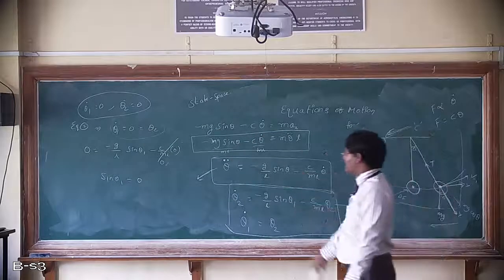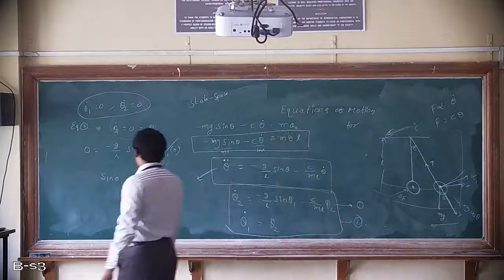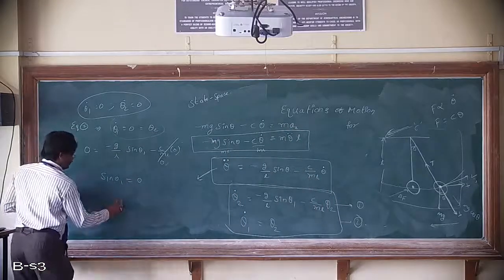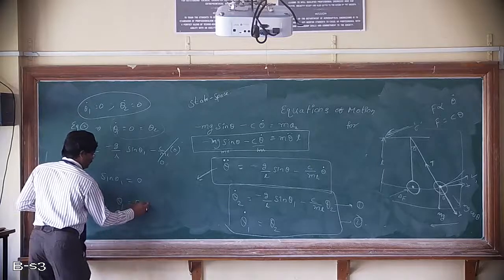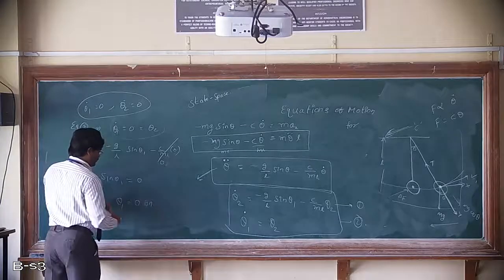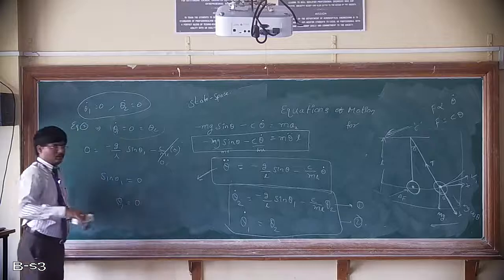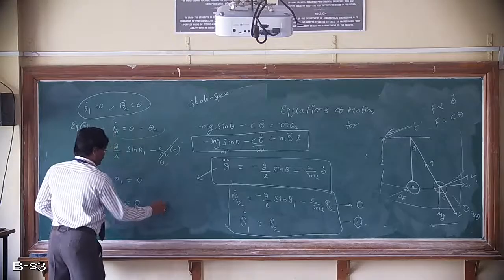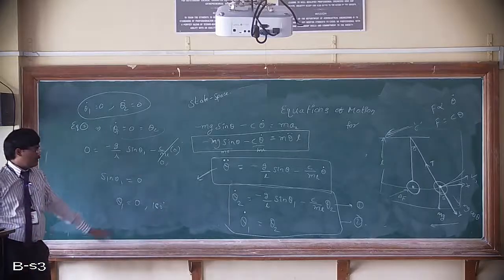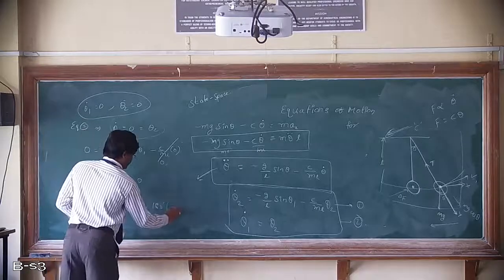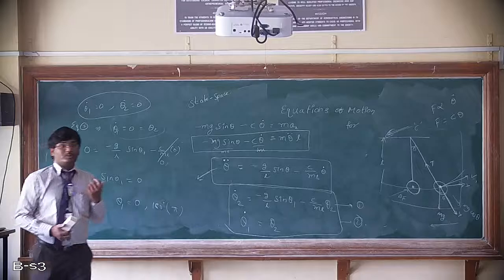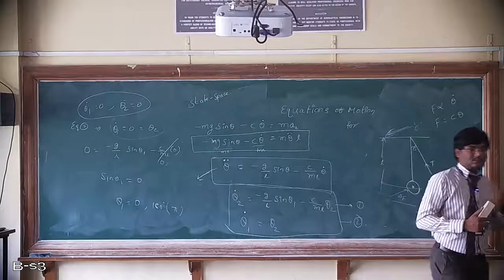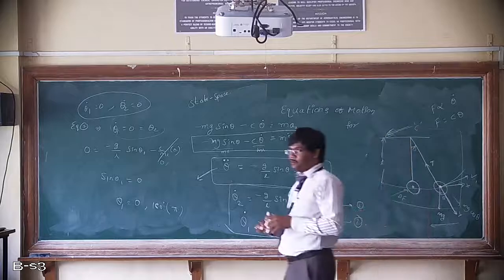This is the condition. If you apply that logic, you get the equilibrium condition as theta 1 equal to 0 and 180 degrees, that is pi. You are getting two equilibrium points. Yes, that is the beauty of mathematics.